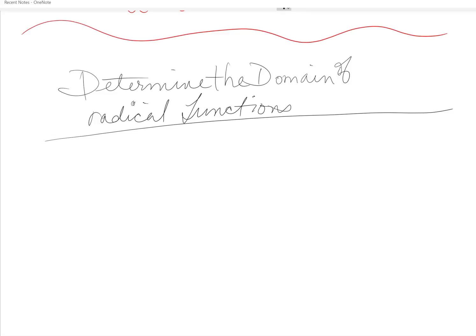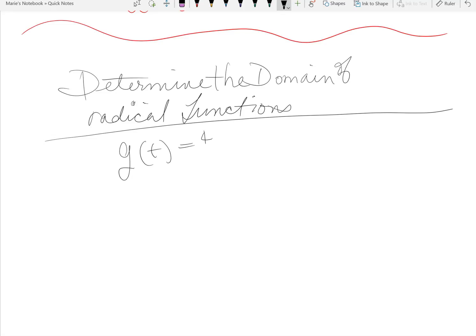Okay, so for this, we're going to find the domain and write it in interval notation. That's the other thing we're doing. They're giving you g of t is equal to the 4th root of t minus 2. Now, by default, this part can never be what?